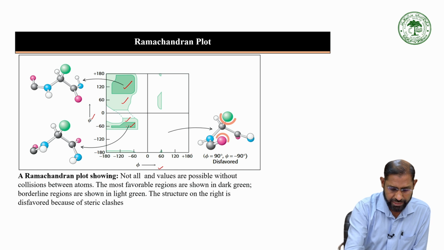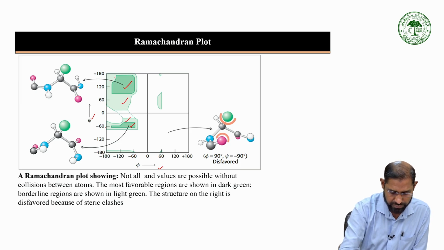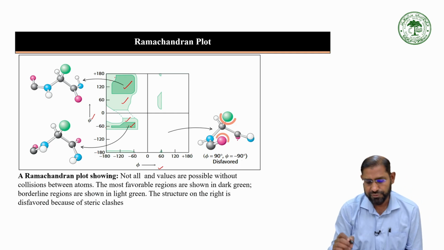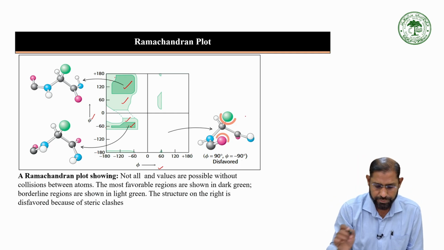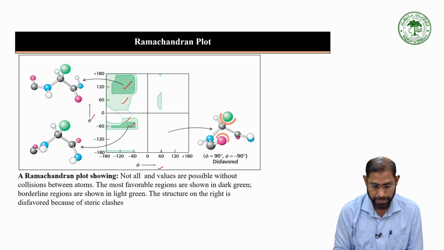Normally in the green regions, a psi of about 60 and also a phi of minus 65 is the most favorable region. Then we have psi of 120 to 170 with phi of minus 60 as favorable regions, and the most disfavored region is phi of 90 and psi of minus 90. On the right side there are no favored regions, and no favored conformation of protein exists in these regions.